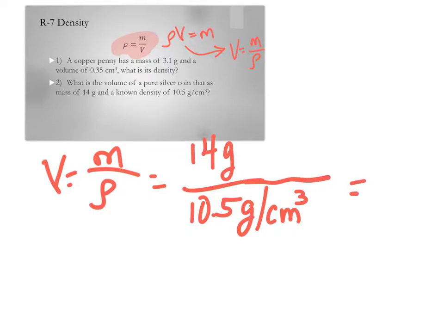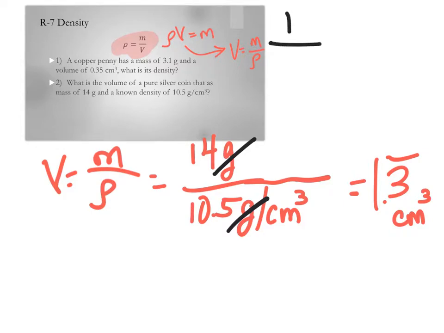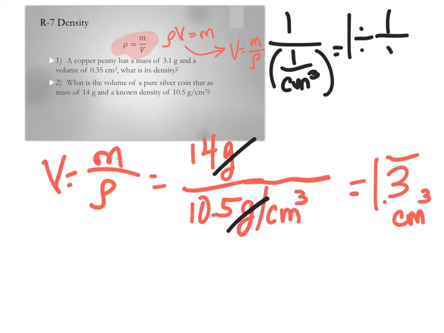And when you do that, you get 1.3 with repeating, and this is going to be cubic centimeters. Now, the units are going to cancel out. Grams divided by grams cancels out. And what you end up with would be technically 1 divided by 1 over a cubic centimeter. So you could rewrite it like this.